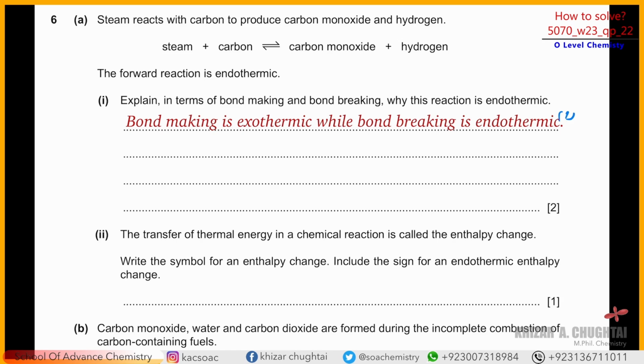As this is an endothermic reaction, the second point will be in terms of energy.